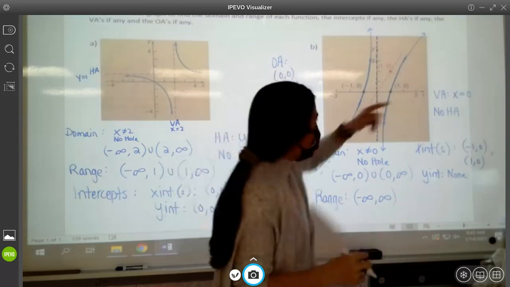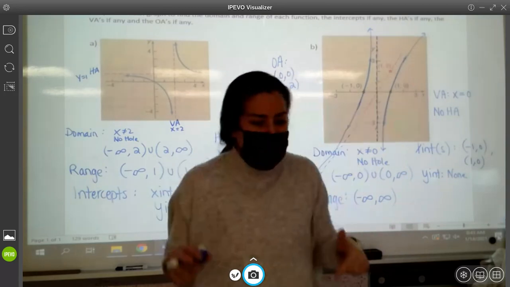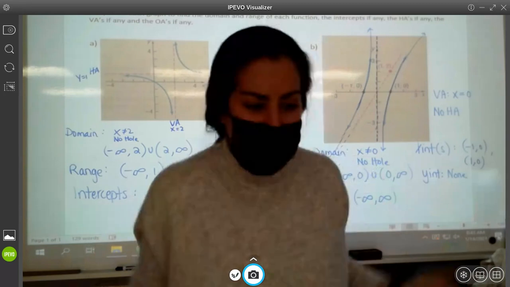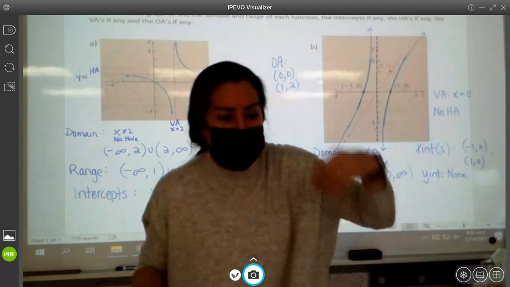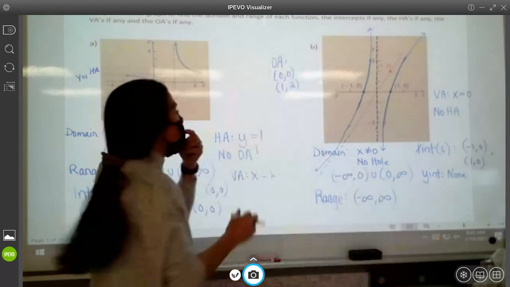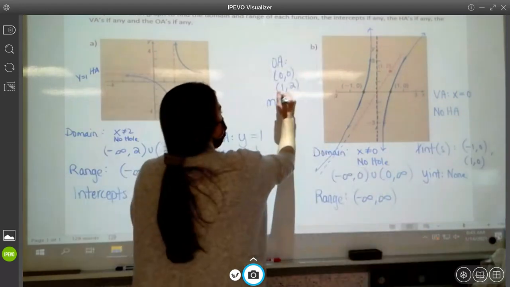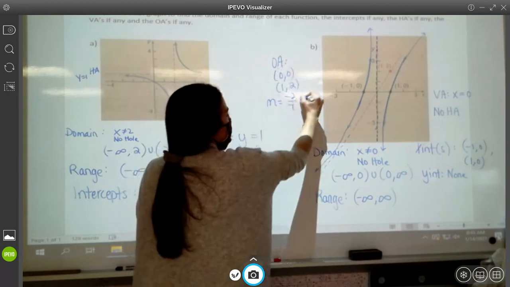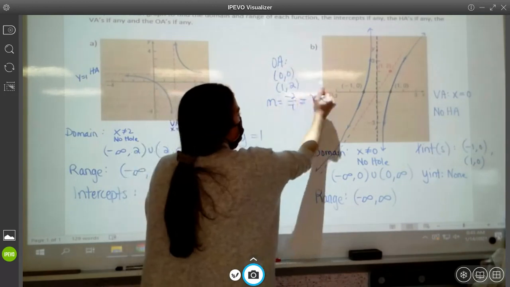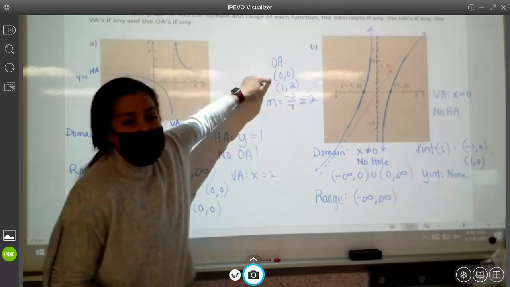So again, this point, he's not a point from the rational function. He's not a point that one of these curves creates. They were just giving you a point on the OA to use as reference, okay? All right, so find your slope. Change in y over change in x, that's going to be 2 over 1. My slope is 2, and we already know my y-intercept is 0.